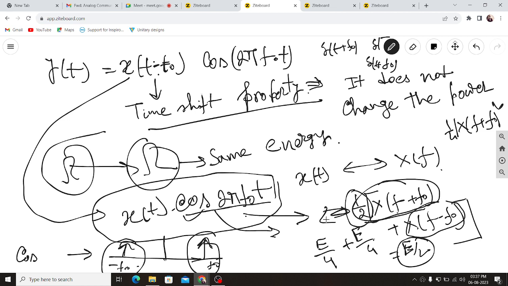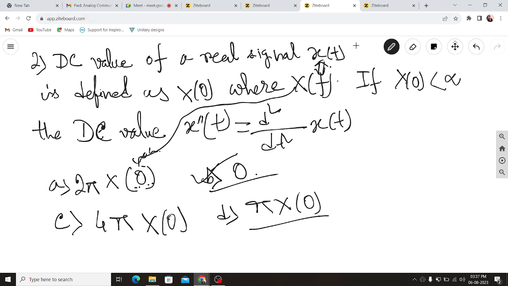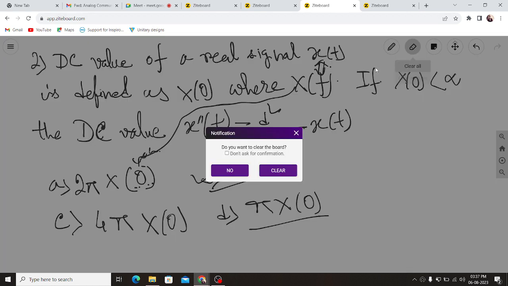Yes, sir, but still 2 times energy divided by 2 will be E, na, sir. 2 times energy divided by 2. You can just write it as two different signals, right? So basically I can write that, right?